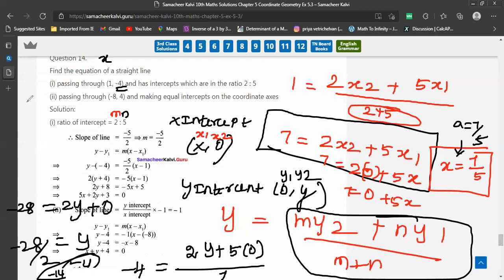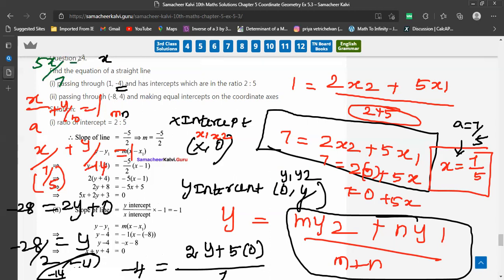So intercept form, we are already aware, it's x by a plus y by b is equal to 1. So you will write the equation as x upon 7 by 5 plus y upon -14 equal to 1. So this is how you will rewrite. So you can simplify this as 5x by 7 minus y by 14 equal to 1.